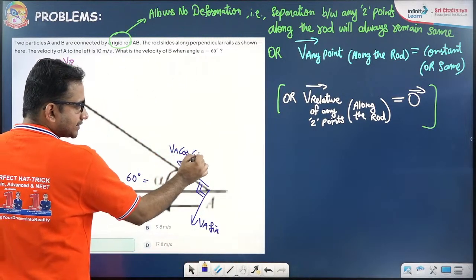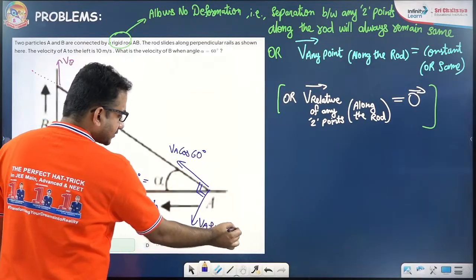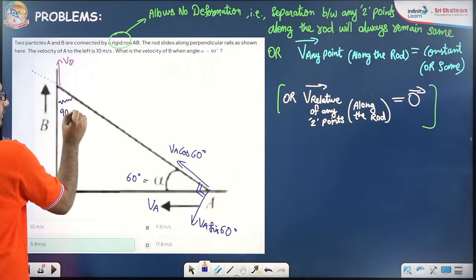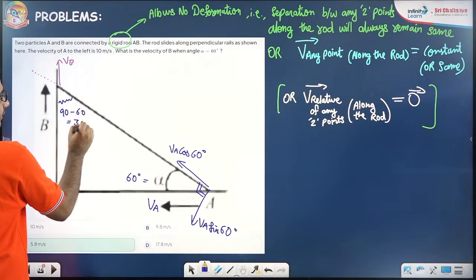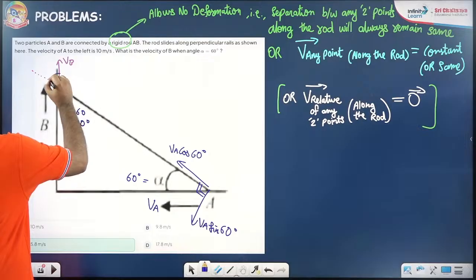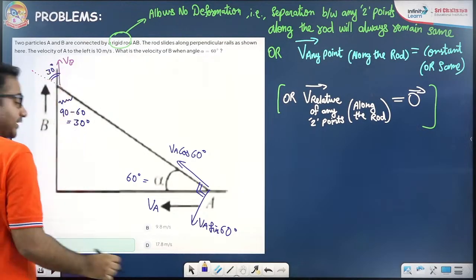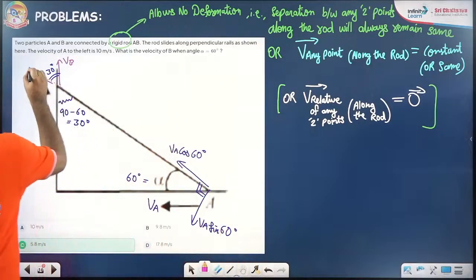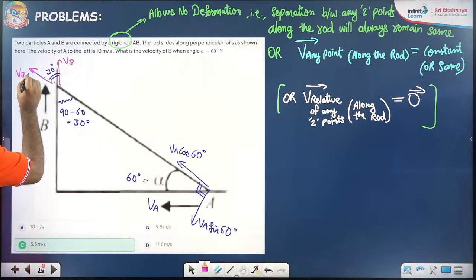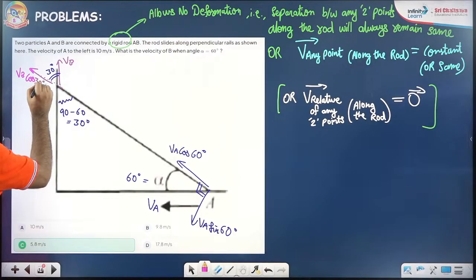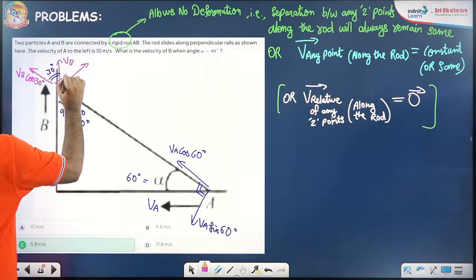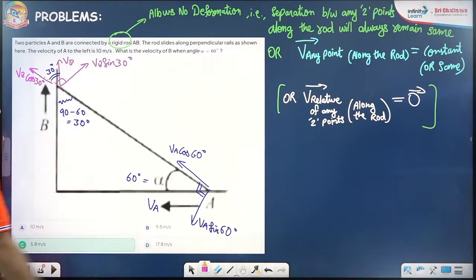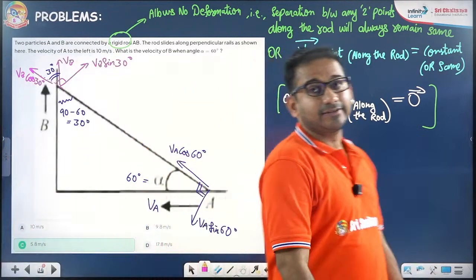So this is cos 60 degrees and this will be sin 60 degrees. Then naturally this angle will be 90 minus 60 is equal to 30 degrees. If this angle is 30 degrees, then here also it is 30 degrees, vertically opposite angle. Then this component will be VB cos 30 degrees and this component perpendicular will be VB sin 30 degrees.